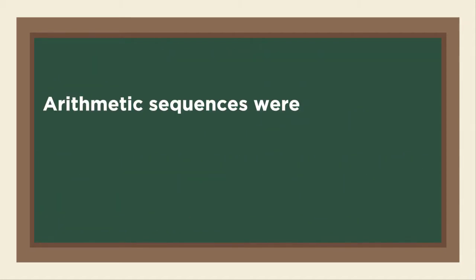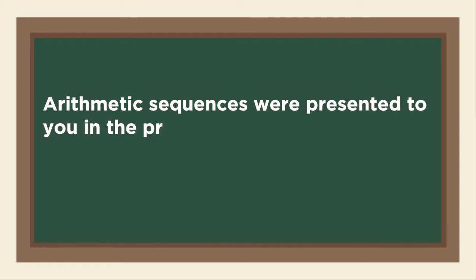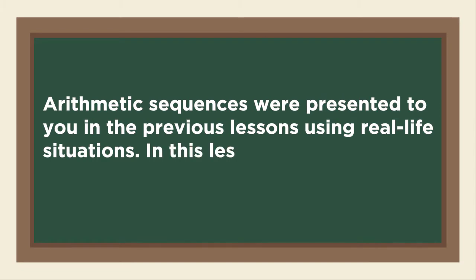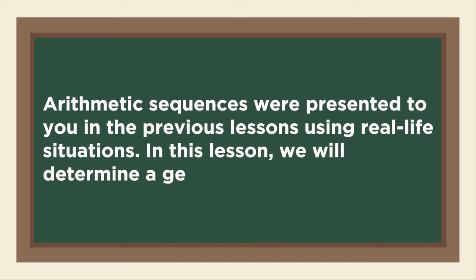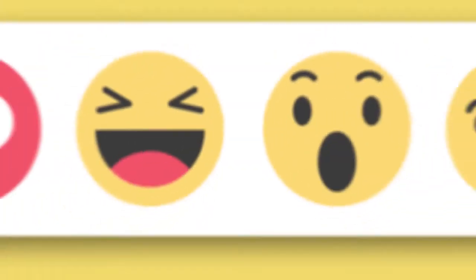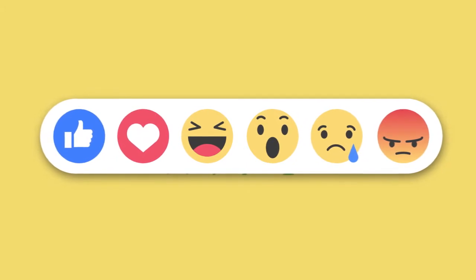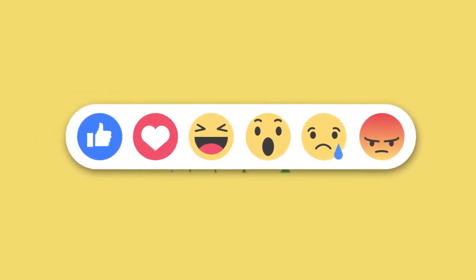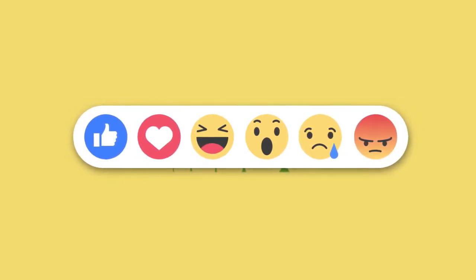Arithmetic sequences were presented to you in the previous lessons using real-life situations. In this lesson, we will determine a geometric sequence. Have you ever wondered how plants grow? In your Facebook account, how would you know how many likers or reactors in a couple of minutes if a certain pattern is observed?